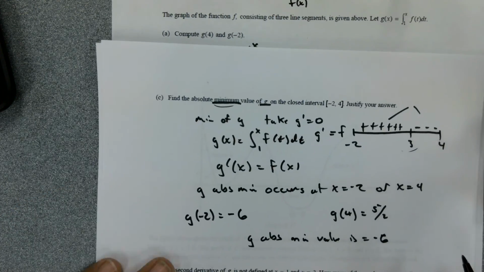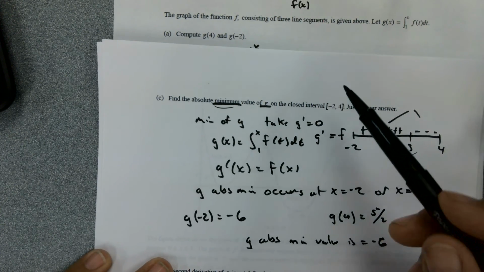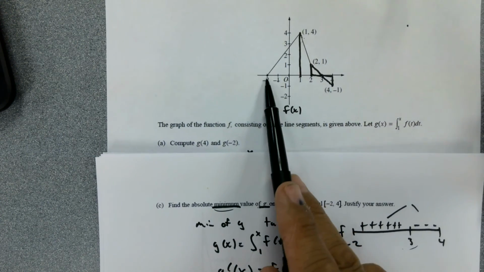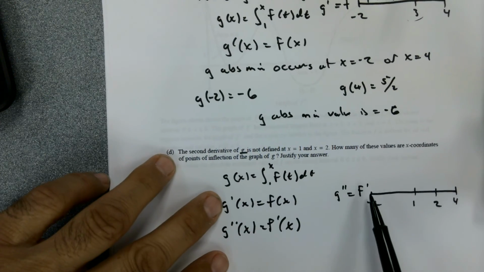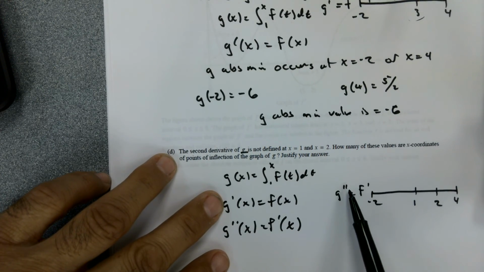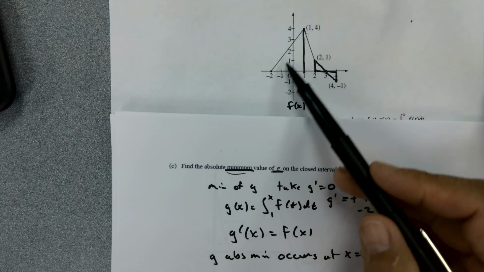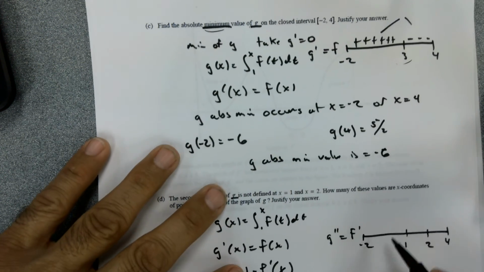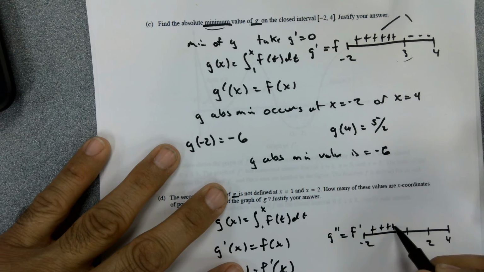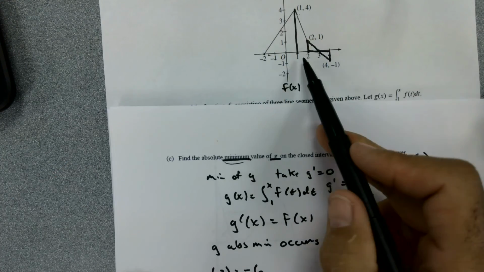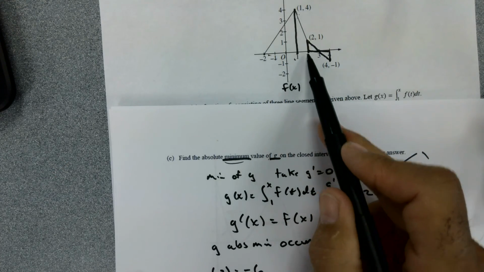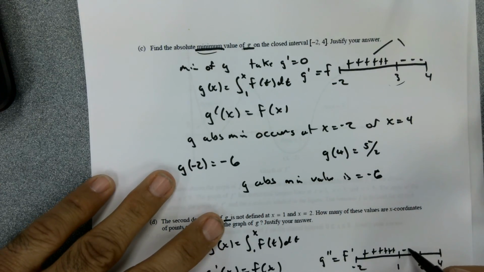So now we're going to look at the slopes. From negative 2, because that's what f prime is, that's going to be the slopes of g. So if I look at the slopes from negative 2 to positive 1, the slopes are positive. From 1 to 2, the slopes are negative.